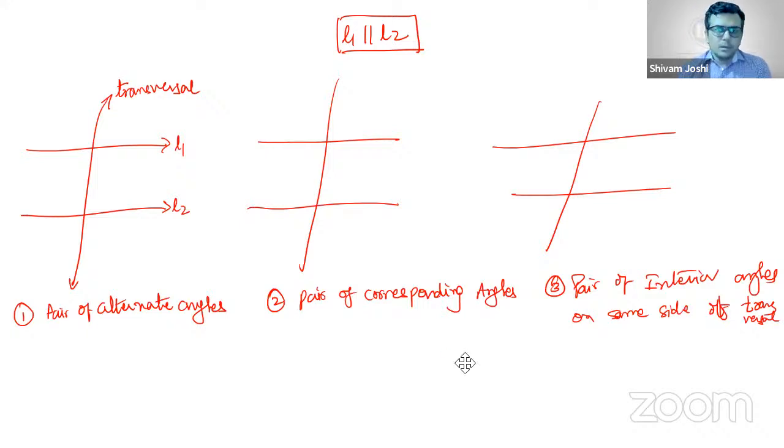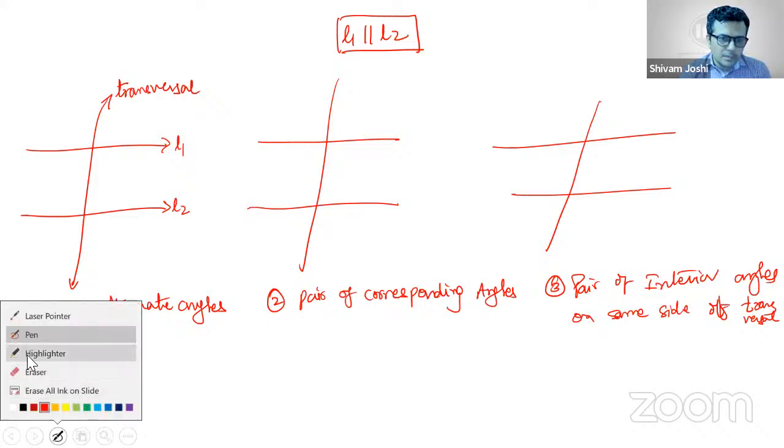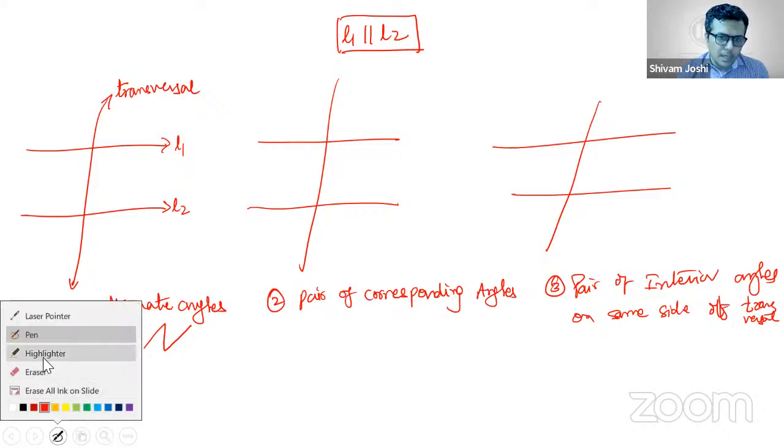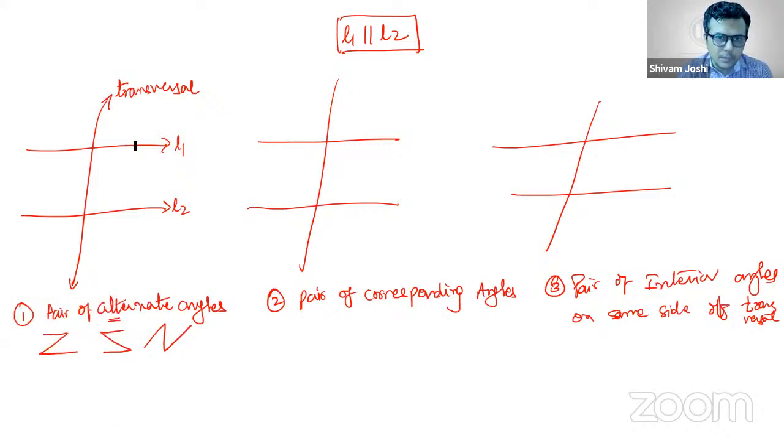Okay. Now let's first try and understand the shape of each of these angles. Alternate angles will be visible in this kind of a Z shape, right? Whenever you get this kind of shape, it will form an alternate angles pair, right? So in our diagram, are we able to spot the Z shape somewhere here?